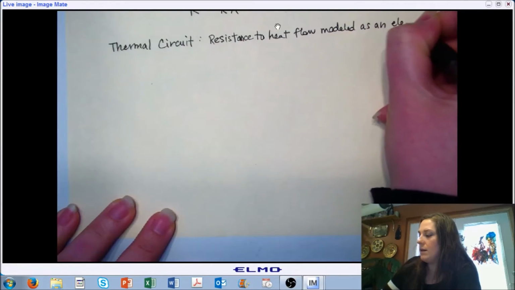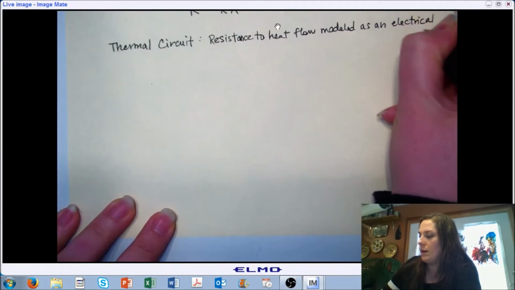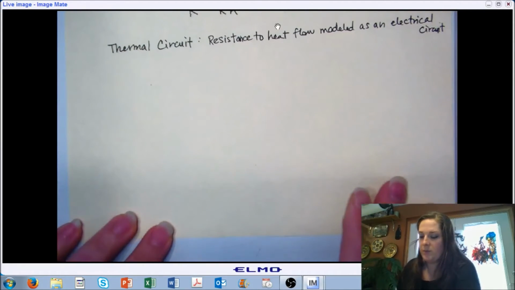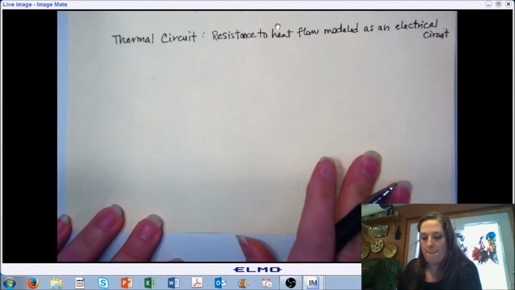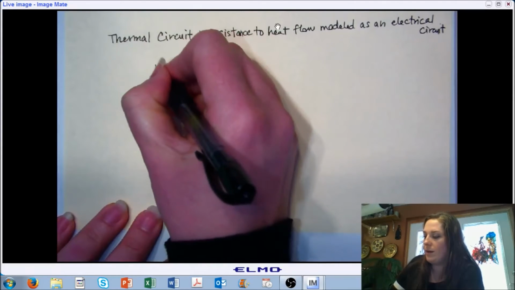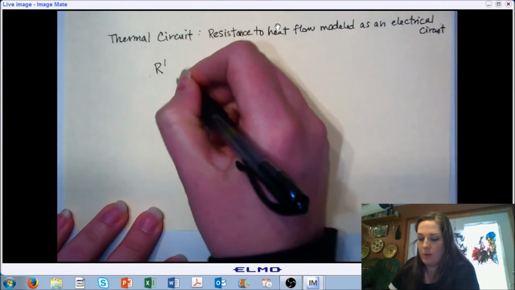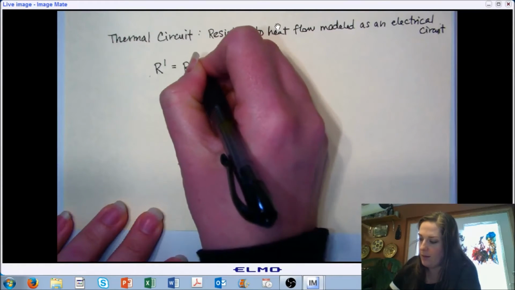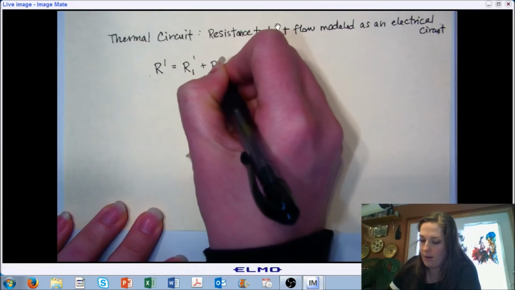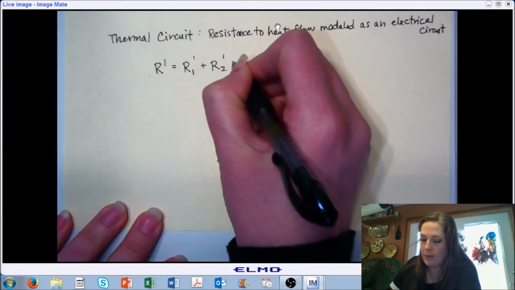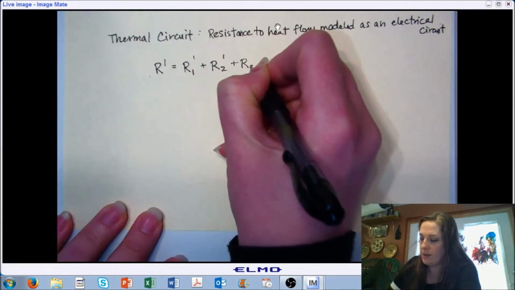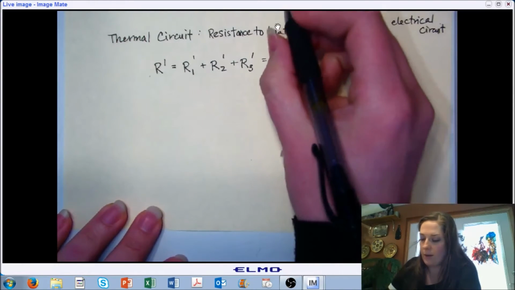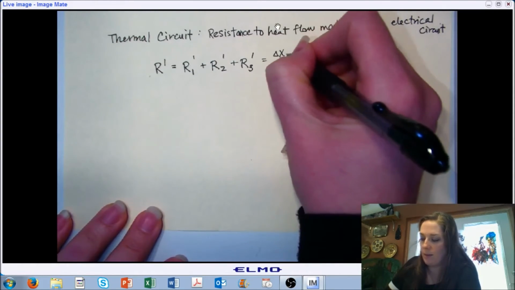Modeled as an electrical circuit. Where this R prime, this unit thermal resistance, can be a combination of our unit thermal resistances or just our resistances. But if we want to do it this way, we can combine a little bit, extend it out a little bit further.